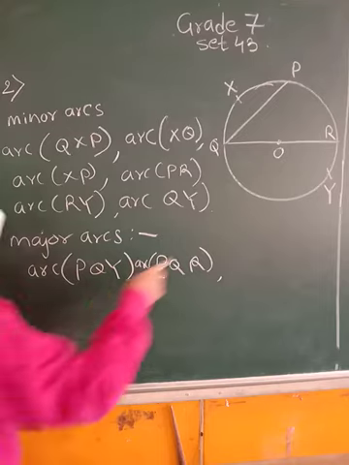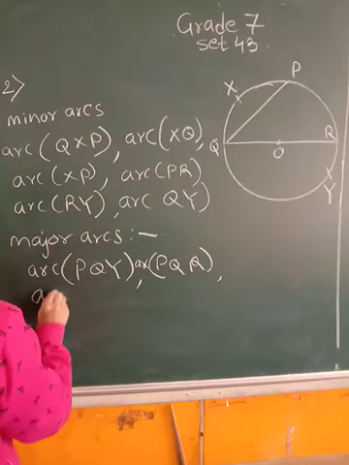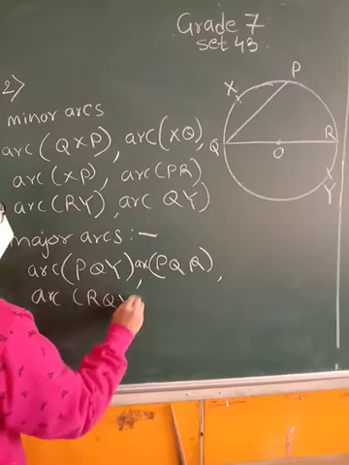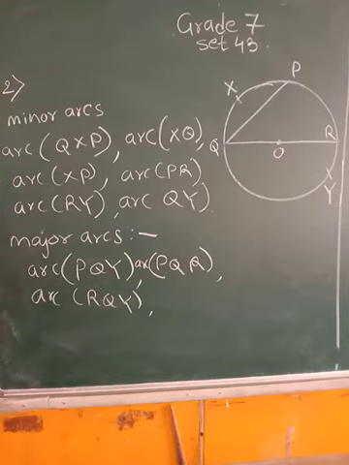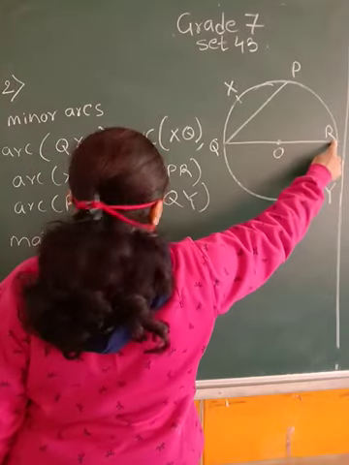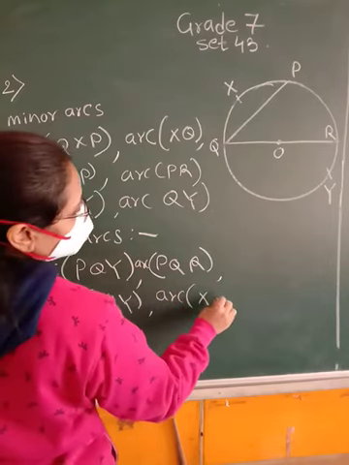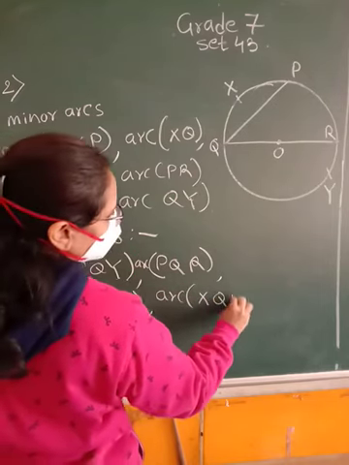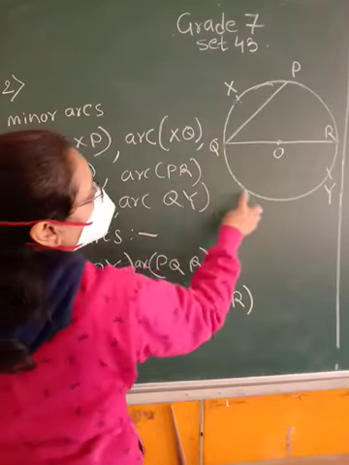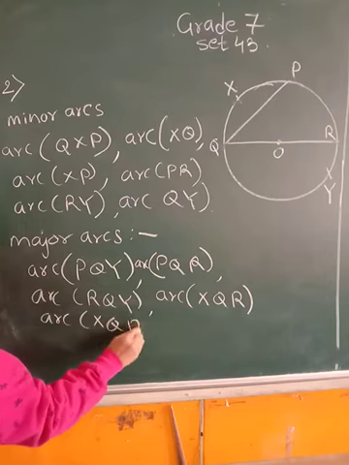Then RQY. See, R, Q and Y. Look at the diagram, students, and you should be doing it on your own also. Okay. Then we can also take XQR, and also XQP.